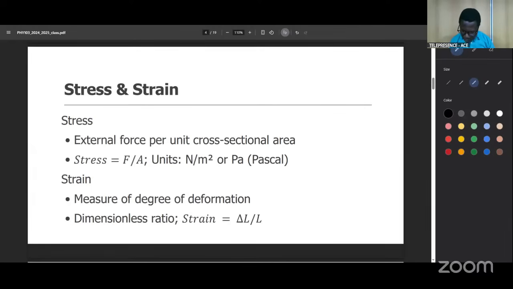An object of 10 centimeter long and 5 centimeter wide was subjected to a force of 100 Newton.